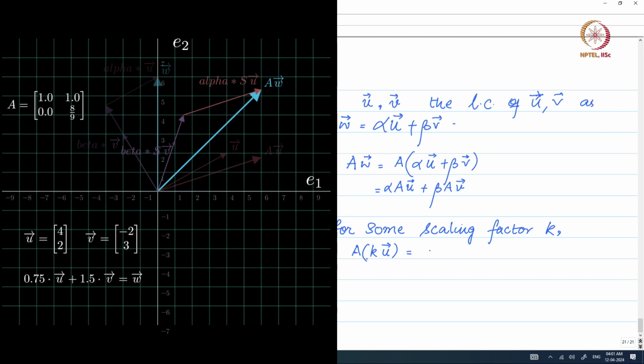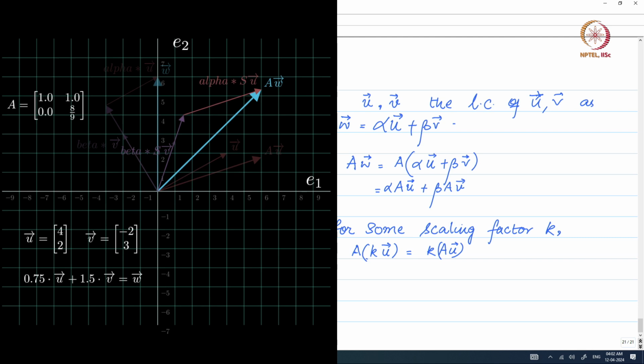The effect of scaling the vector and then transforming it is the same as transforming the vector u using A and then scaling it. That is what this means. So, A into k u is nothing but k into A u. In different terminology, this is also called the idea of superposition and homogeneity and other things. So, this is exactly what a linear transformation is.